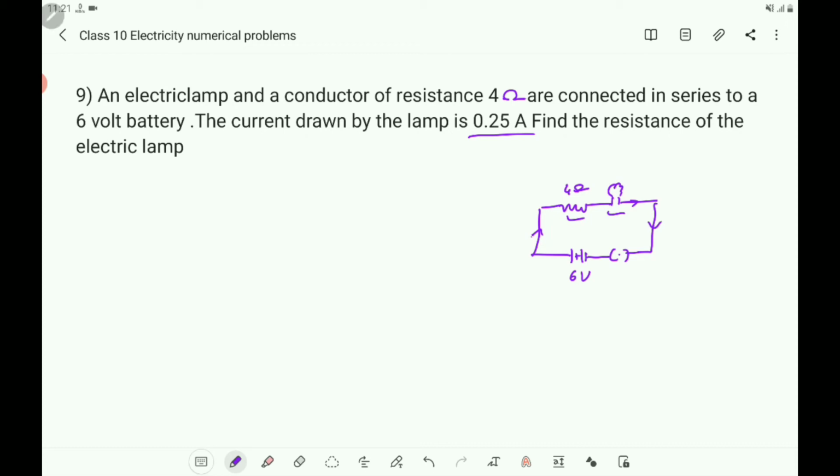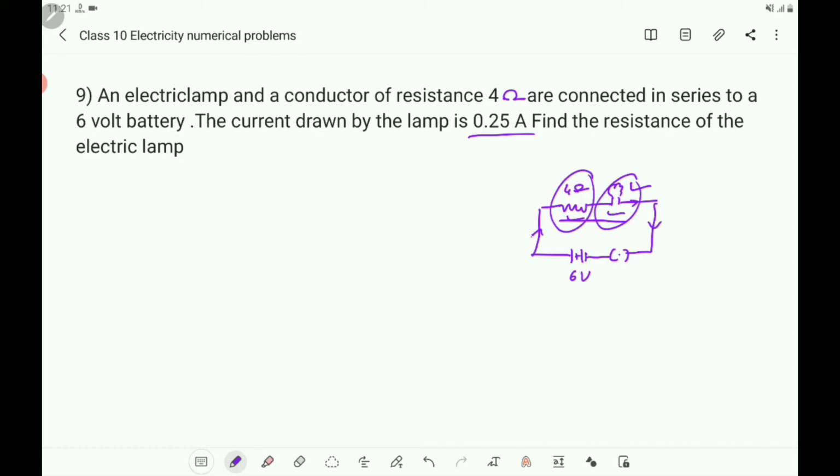Here this 4 ohm resistance and the lamp are connected in series. So the current drawn in the circuit is the same through this resistance and the lamp.